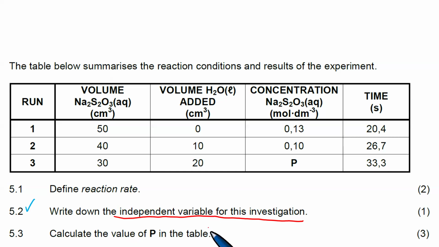Now, if you check carefully, you're able to see that at this point the concentration was 0.13. Then the concentration becomes 0.10. And then the concentration becomes something P. But also the times themselves increase this way. So at this point, it is clear that in 5.2, concentration is the independent variable.